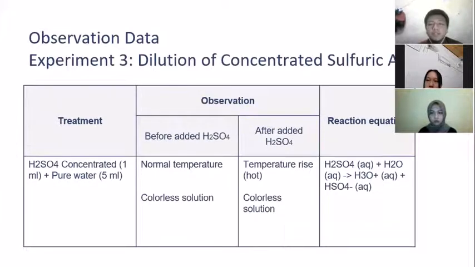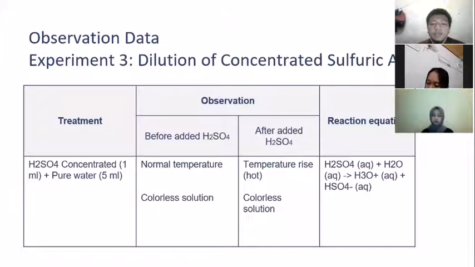Experiment 3, dilution of concentrated sulfuric acid. Sulfuric acid concentrated 1 milliliter plus 5 milliliter of pure water. Before adding sulfuric acid, the temperature is normal, but after adding sulfuric acid, the temperature rises and becomes hot.